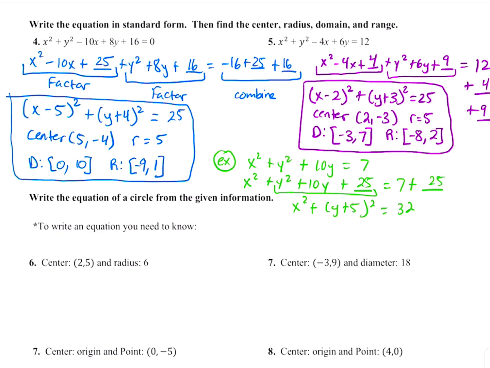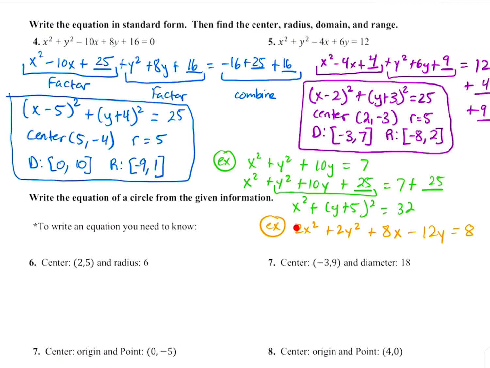And then one more thing, just to make sure I cover all my bases. Let's say I had 2x squared plus 2y squared plus 8x minus 12y equals 8.